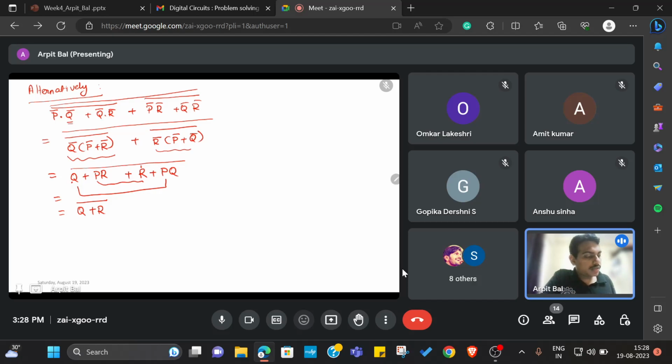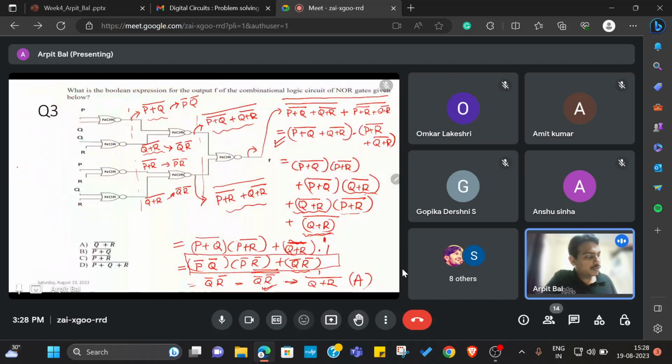Okay, so here you can see we just arrived at the result with 3 steps, right? And in the previous one we had to go through all the steps, right? It was becoming a bit complicated.